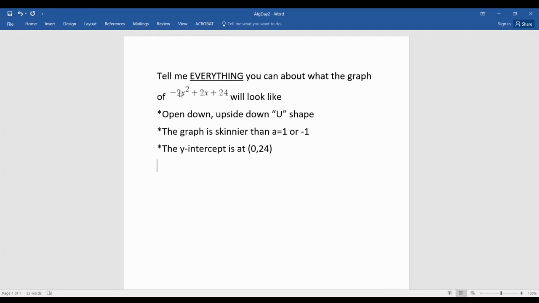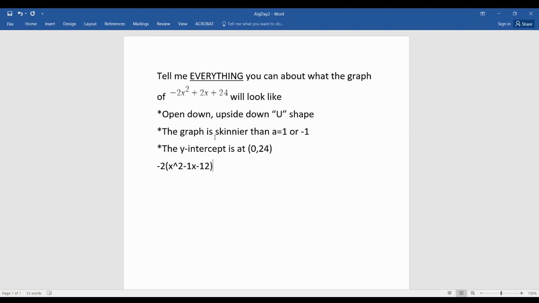After this, I can also factor this, in which case I would have my -2 out in front, because the whole point is I want my x squared to be alone, or in other words, I want to have an a value of 1. So I'm going to write this as x squared, -2, so if I divide +2 by -2, that's going to be a -1x. And if I divide 24 by -2, that's going to give me -12.